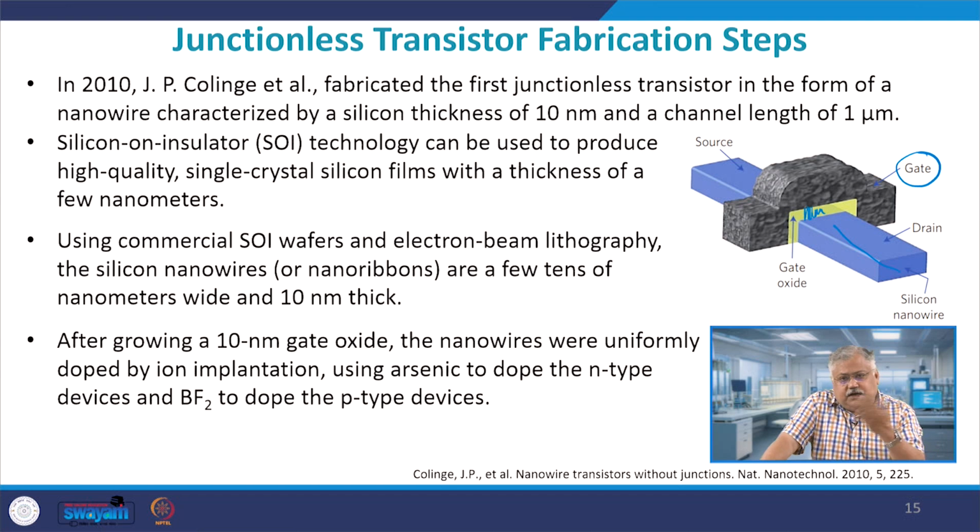You can use arsenic for N type, and generally we use BF2 to generate p-type devices for junctionless transistors, right?